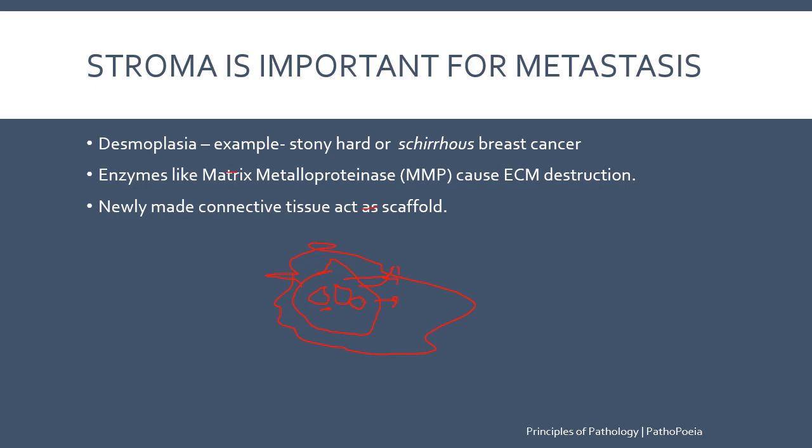An example would be the matrix metalloproteinase, which helps in the digestion of the surrounding cells and the surrounding tissues, and this would cause the cells to be able to invade their surroundings.